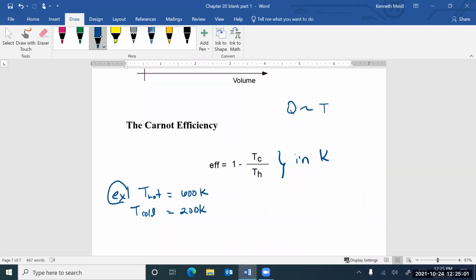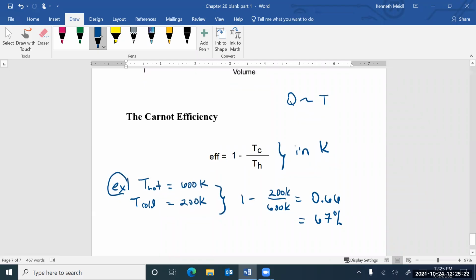This would imply that the best you can do here would be something like 200 K divided by 600 K. That's 1/3, right? So 1 minus 1/3, this is about 0.66 or about 67% efficiency.